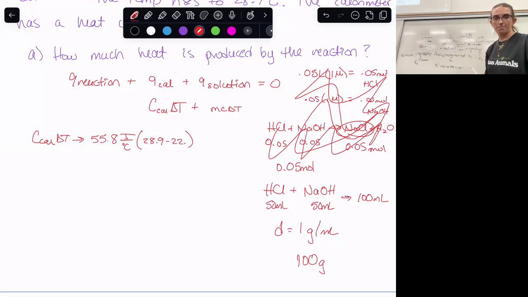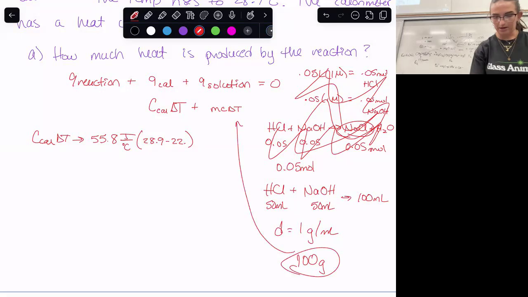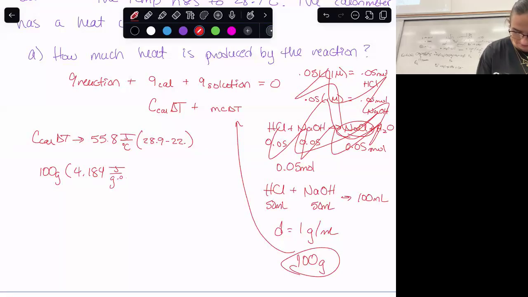So then we can use our 100 grams in our mcΔT in order to solve for the Q component of the solution here. So we have 100 grams times 4.184 joules per gram degree Celsius, because that's the specific heat of water, which would be given to you.